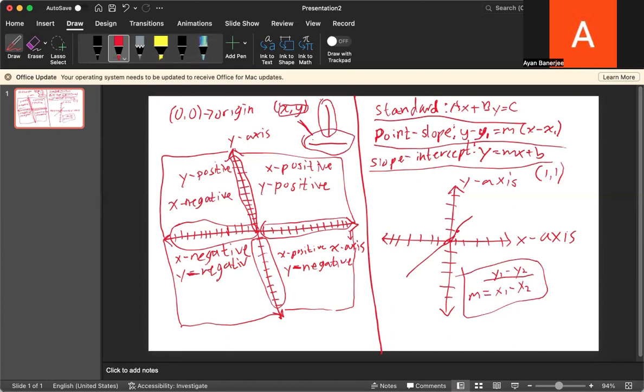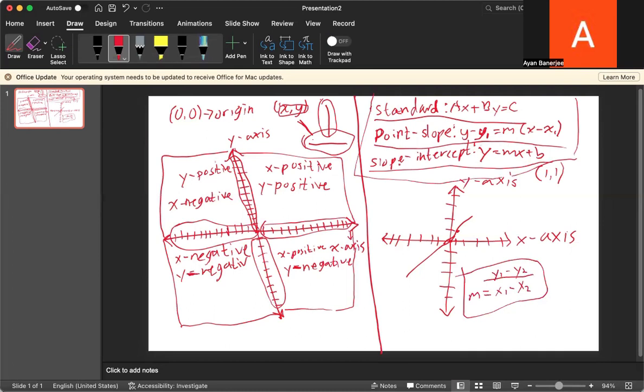So let's go into point-slope form. We have y minus y1, lots of people also say y1 minus y2, is equal to the slope, which is m, times x1 minus x2. And all three of these equations we have here all come from the same equation, which is the standard form.